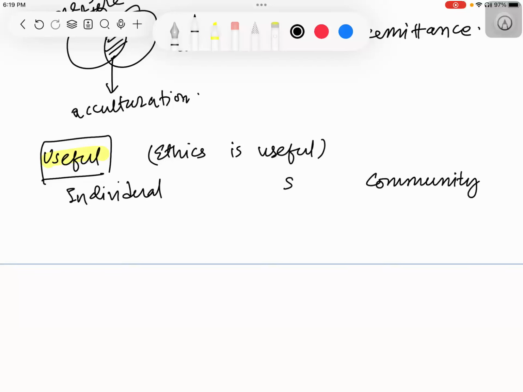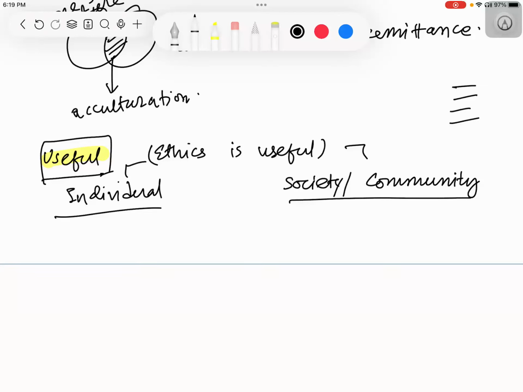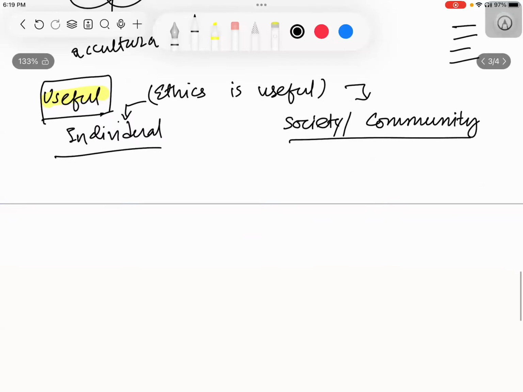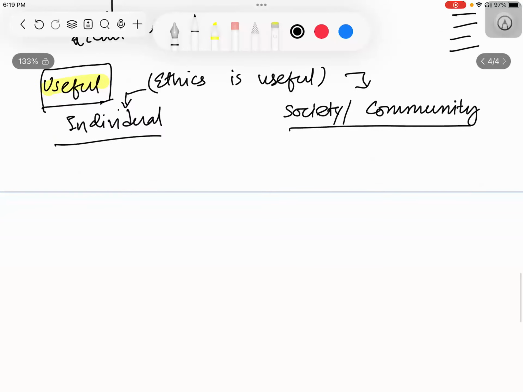Very good, what else? I told you that you can divide this set into broadly two parts. If you want, we can also do further sub-categorization. We can say at the individual level, then at the family level, then at the community level, then at the society level, finally at the country level, the national level. But broadly you can also divide this into individual as well as community or society, right? So we will say how ethics is useful for the individual. We have discussed most of these things.